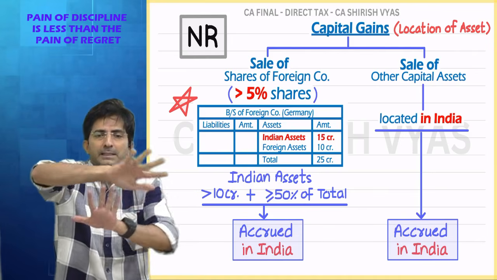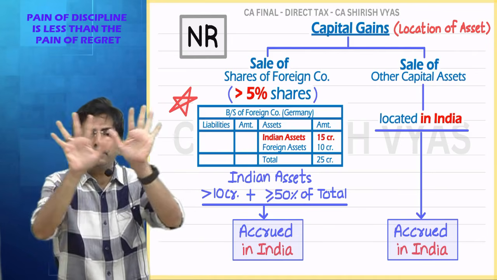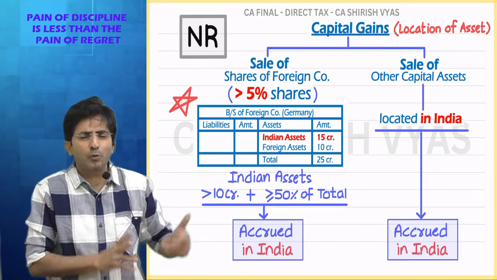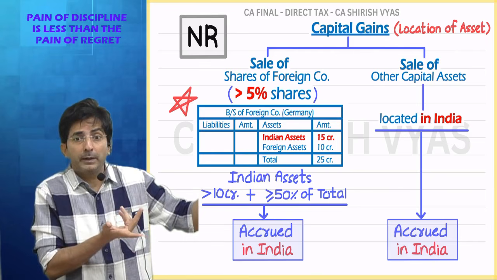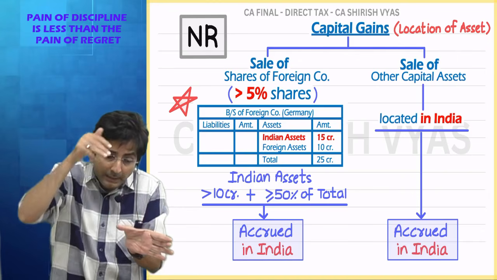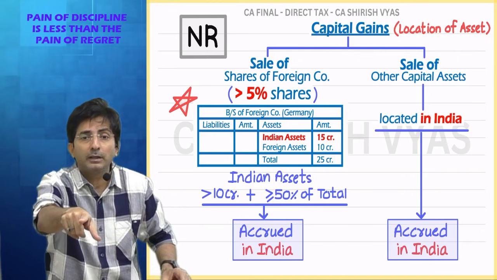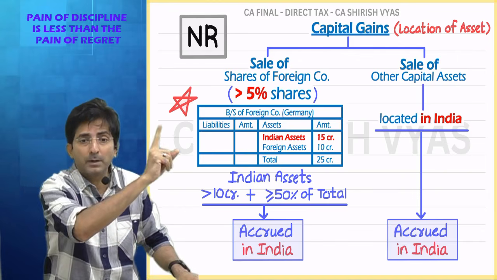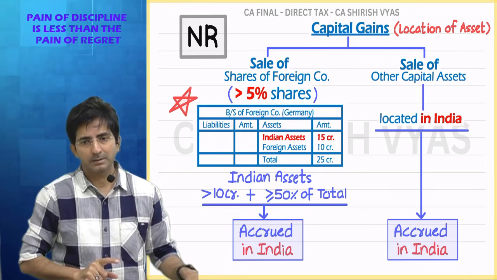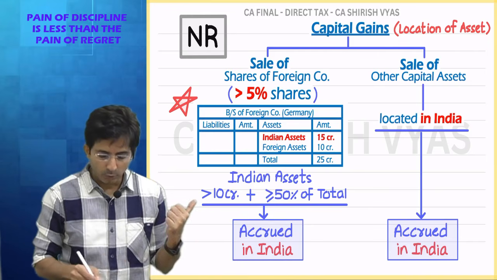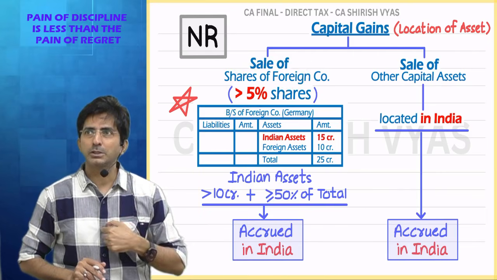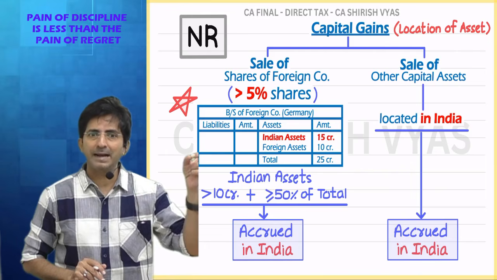See, if the government thinks from the surface level, from the peripheries, it looks like: German company, capital gains accrued in Germany. But the government is peeping inside the balance sheet, na? But that deep thinking the government will do only if a more than 5% shareholder sells the shares. There is one more condition. In my example, who was the shareholder? Some Singaporean guy.